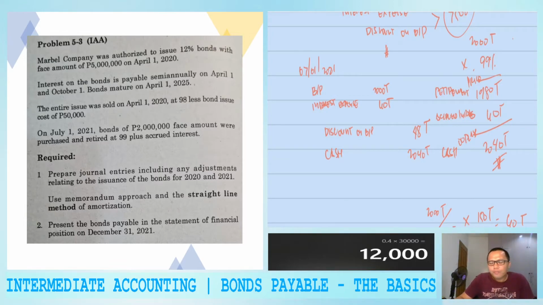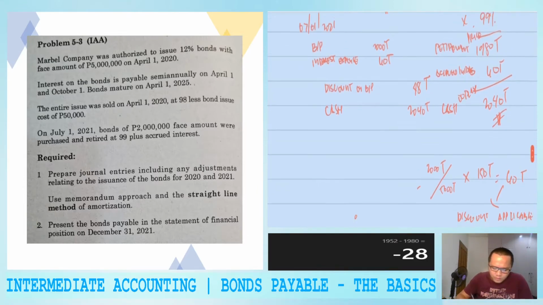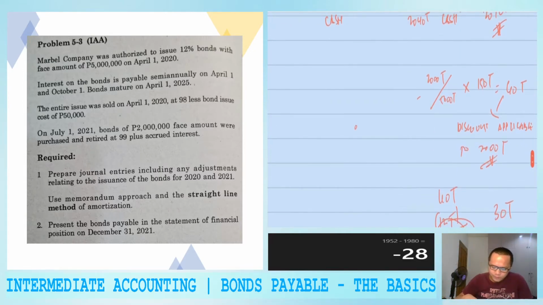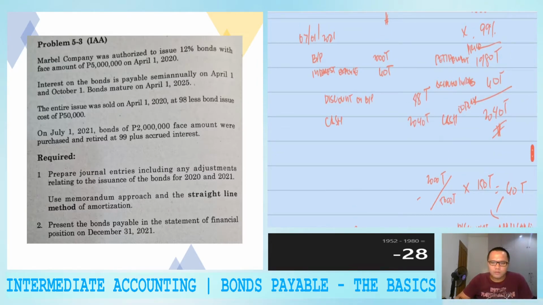Okay? So, again, no, we have to remove the applicable discount for the particular 2 million amount retired, no, bonds payable. Ngayon, if we are to look at this, di ba this balance siya, no?